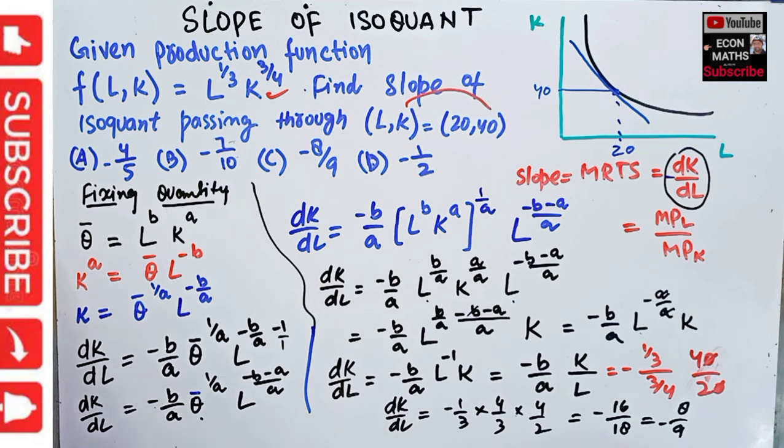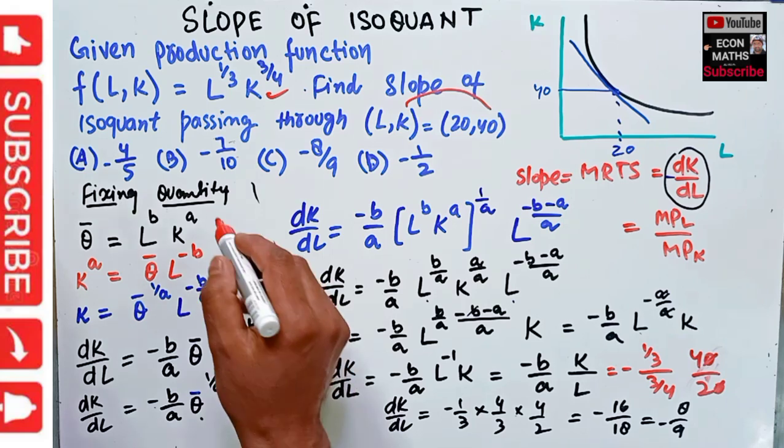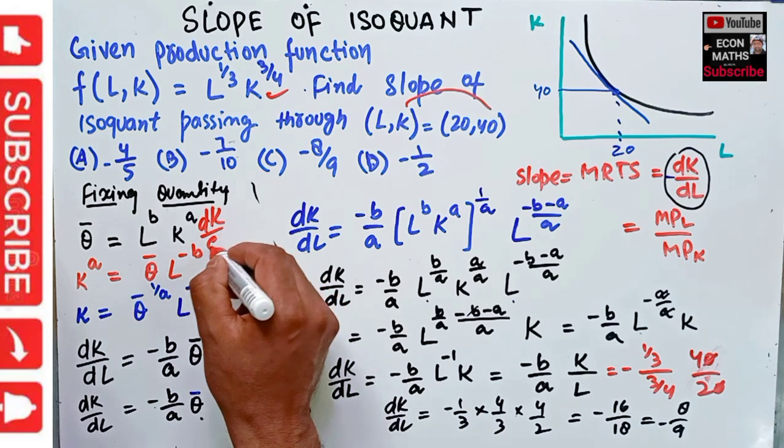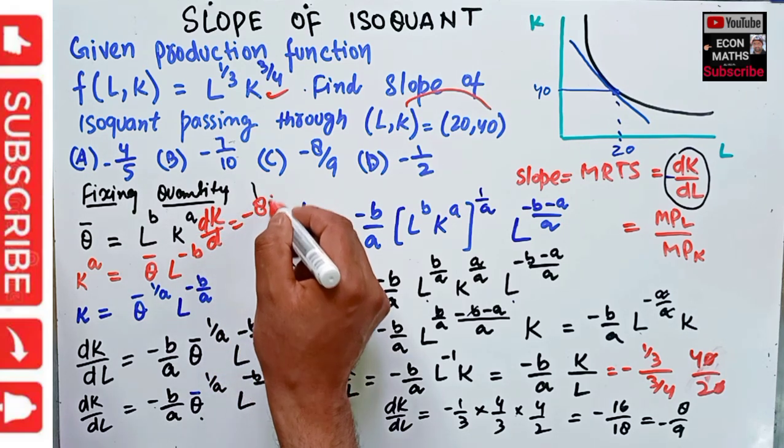And how do we interpret this? dk upon dl is equal to minus 8 by 9.